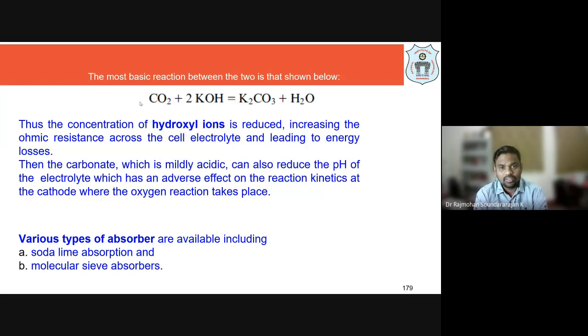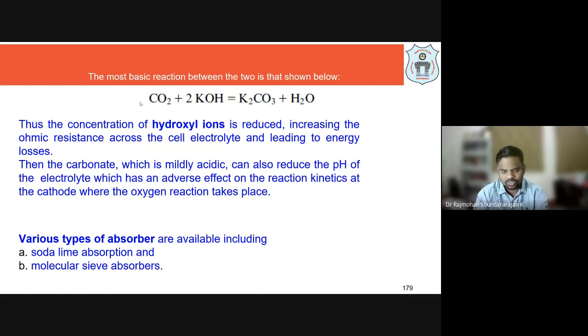the electrolyte, which will have an adverse effect on the reaction kinetics at the cathode, where the oxygen reaction is taking place. So that way, CO2 needs to be absorbed using soda lime absorption or molecular sieve absorbers, which are being introduced into the fuel cell system to remove the CO2.